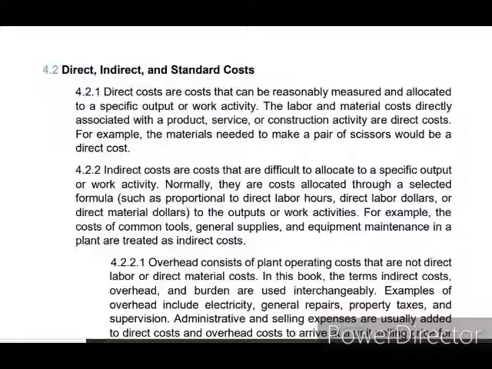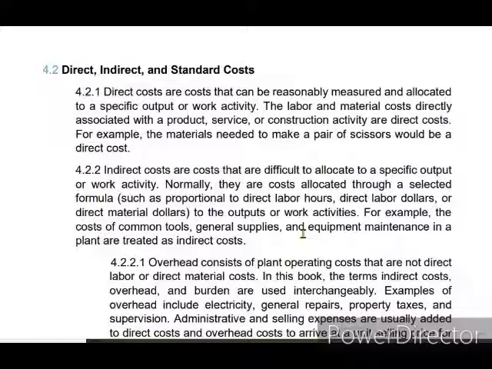Next, 4.2.2, indirect costs are costs that are difficult to allocate to a specific output or work activity. Normally, they are costs allocated through a selected formula, such as proportional to direct labor hours, direct labor dollars, or direct material dollars to outputs or work activities.